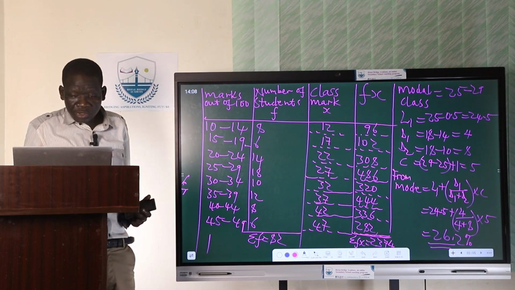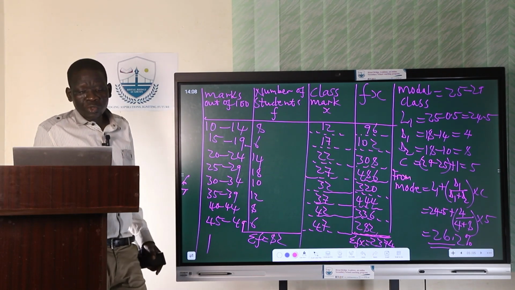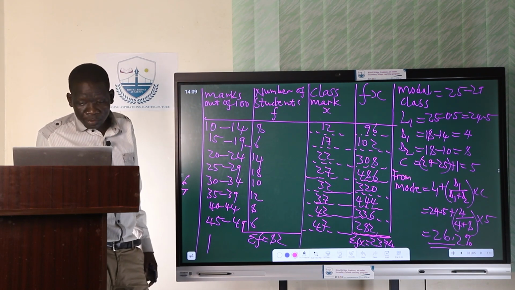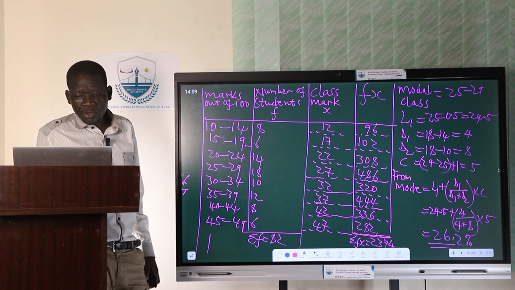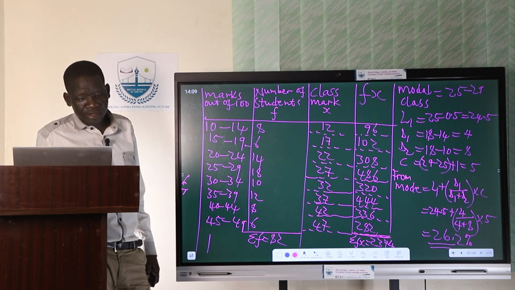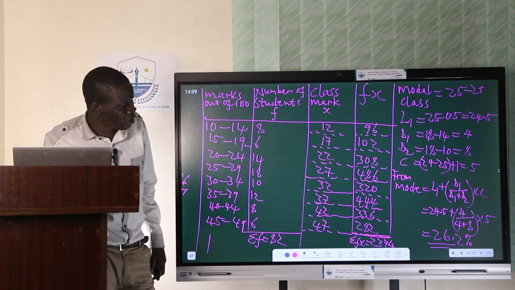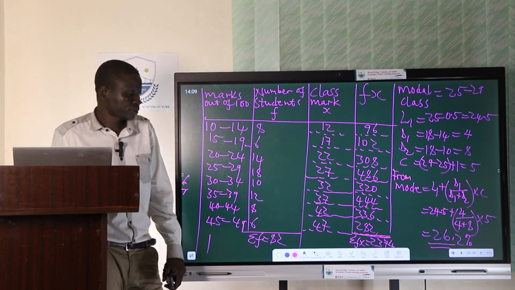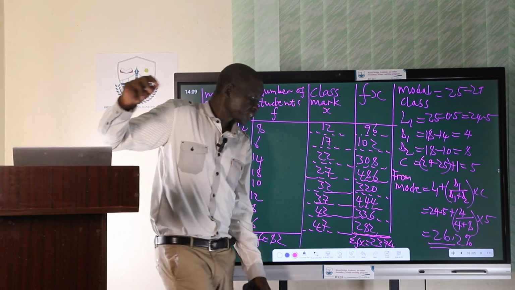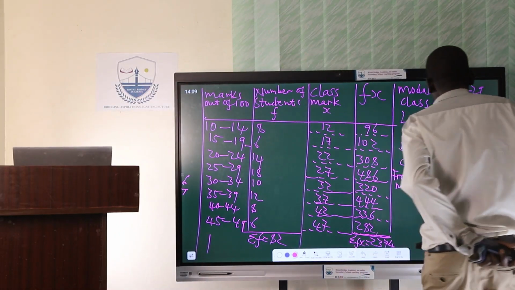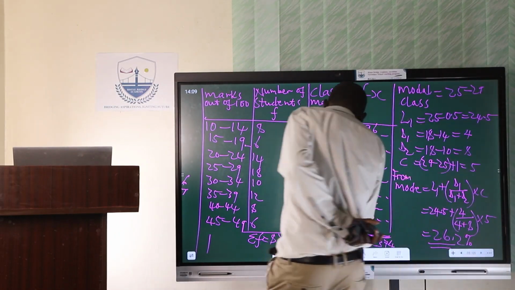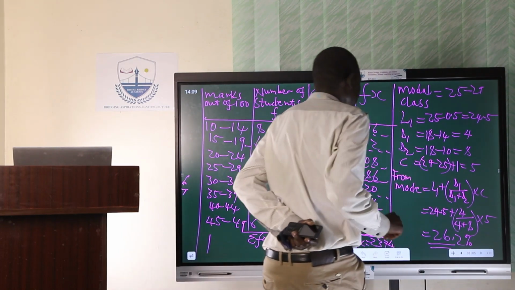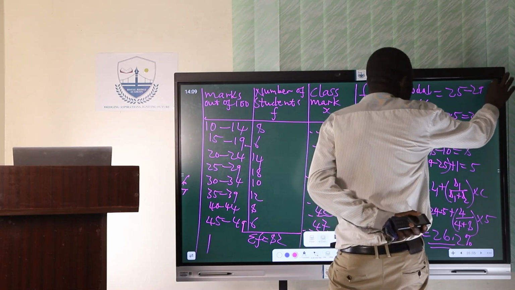Part B of that question, they want us to obtain the cumulative distribution table, then use the table to find the median mark. So to find the cumulative frequency table, this is what we do. We shall wipe off this first.